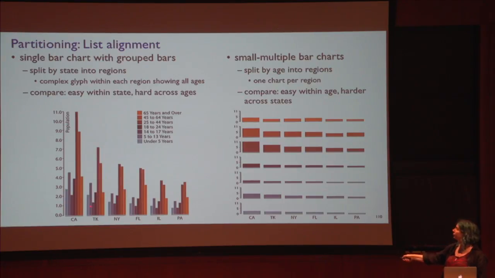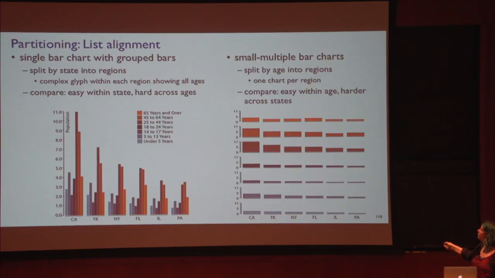Essentially it's a glyph with these grouped bars. What's easy to do in this view is make comparisons within the state. We can start to notice, oh, there's roughly this similar pattern with the age groups across all 6 states. So that's an easy comparison to make. It's harder to compare exactly what's happening with the 45 to 64-year-old demographics.